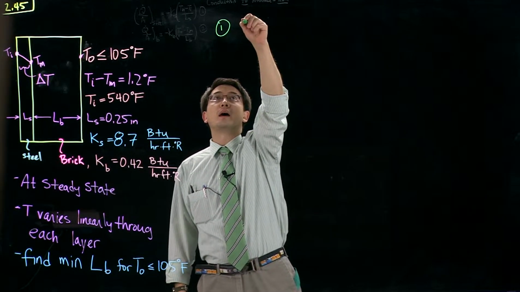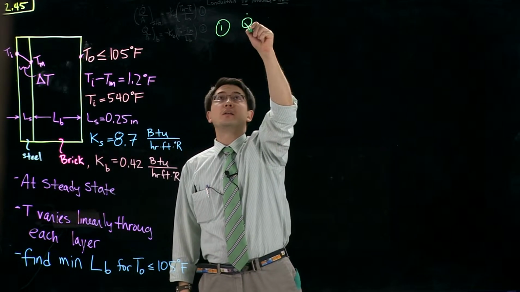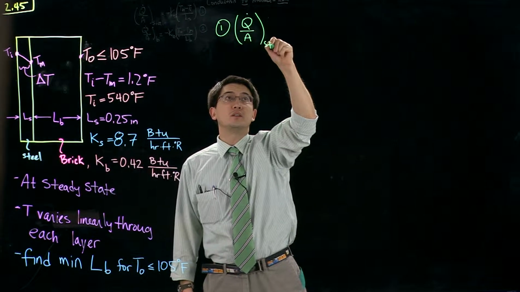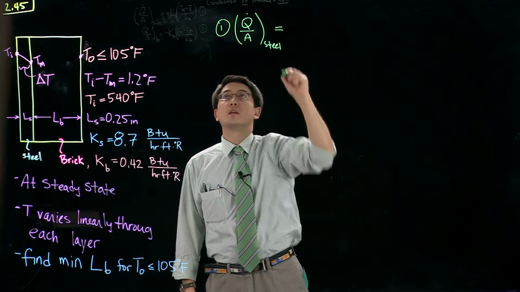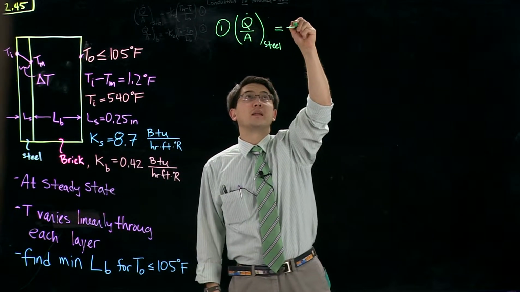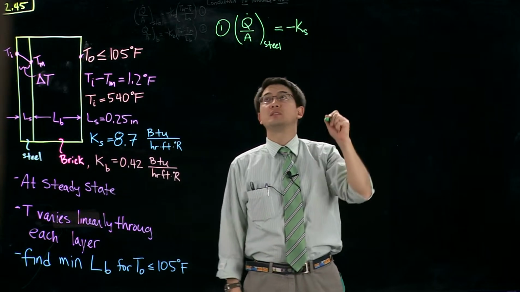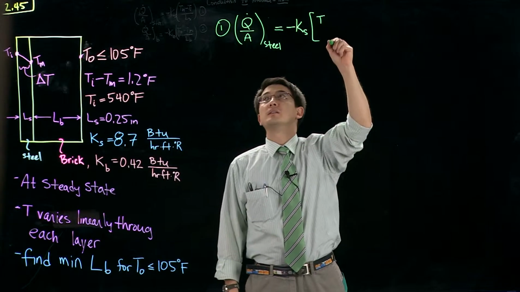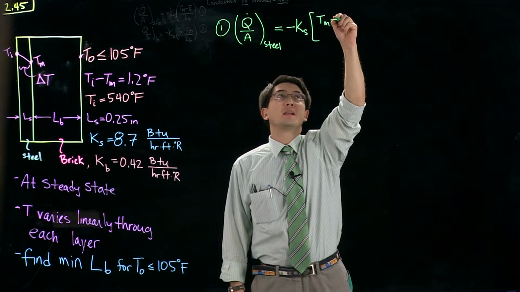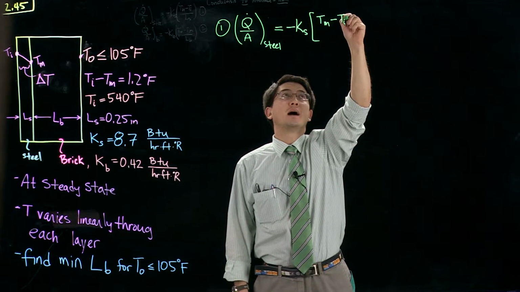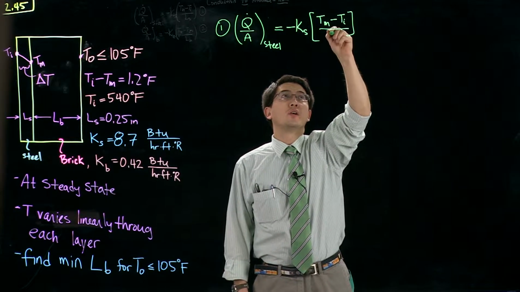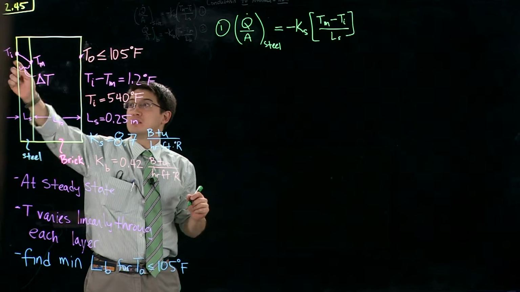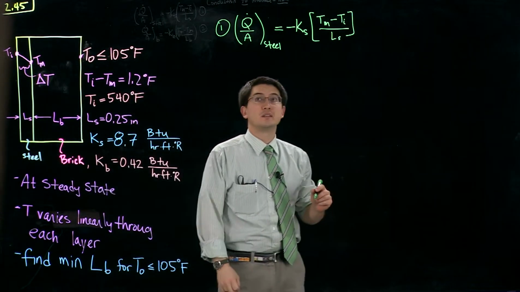We can say that Q dot over A, the area for steel, is going to give us minus K of steel times Tm minus Ti all over L of the steel. This is Tm minus Ti over length of the steel.